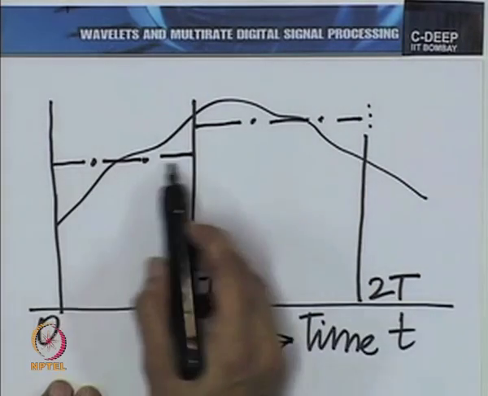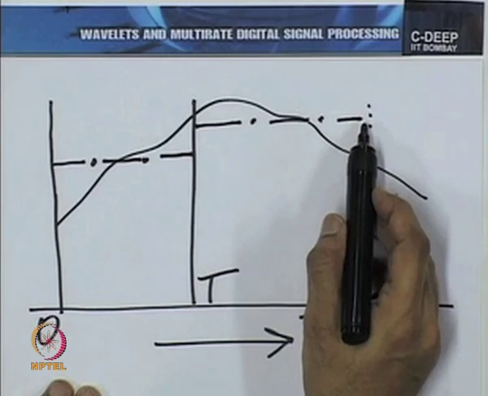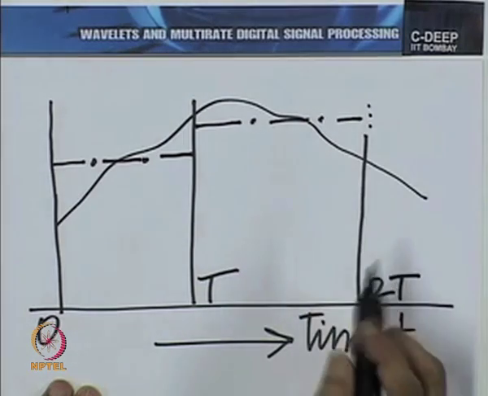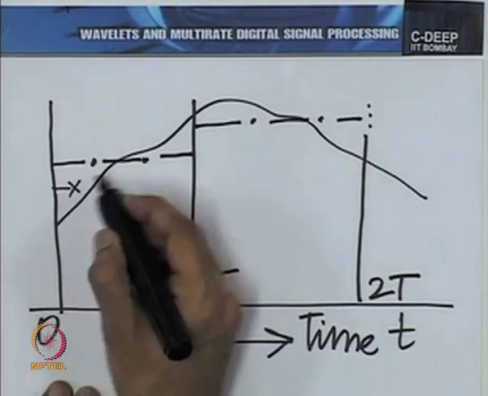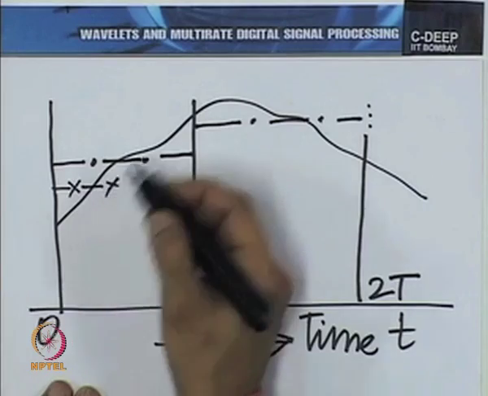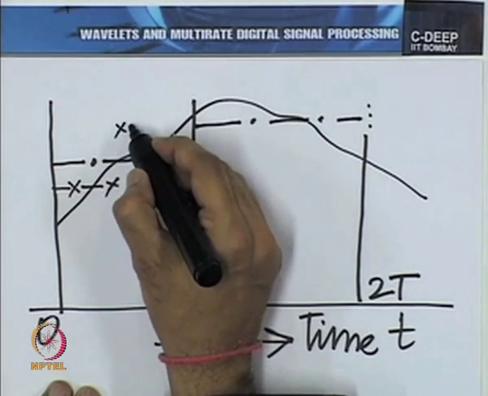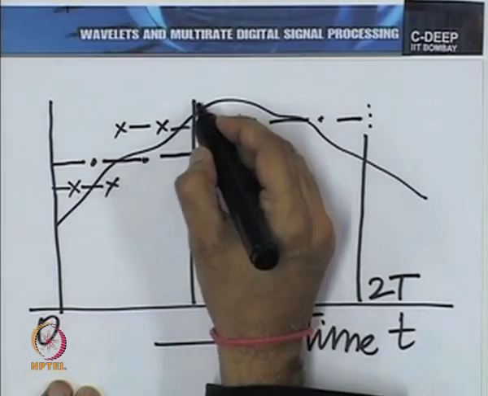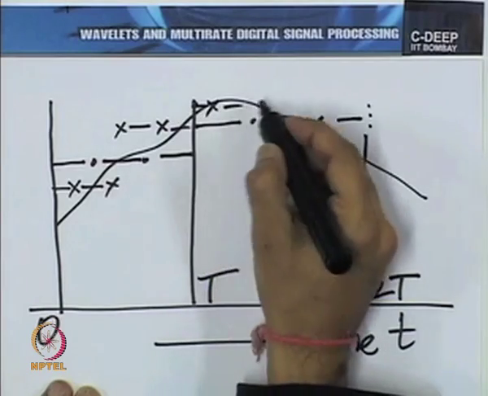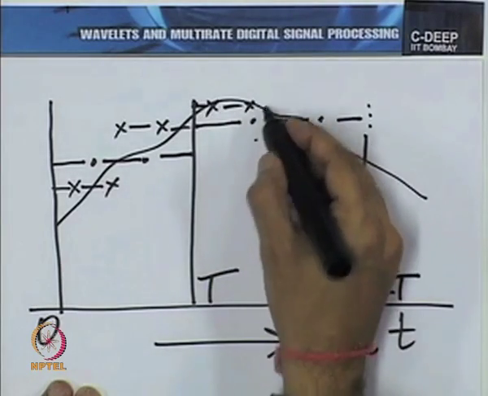So, this is how the function would look when you make a piecewise constant approximation on intervals of size t. And when you do it on intervals of size t by 2, it would look like this.